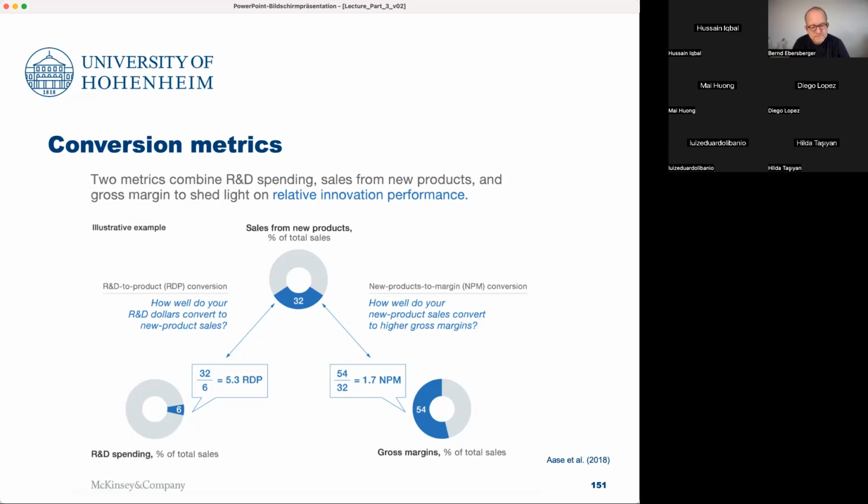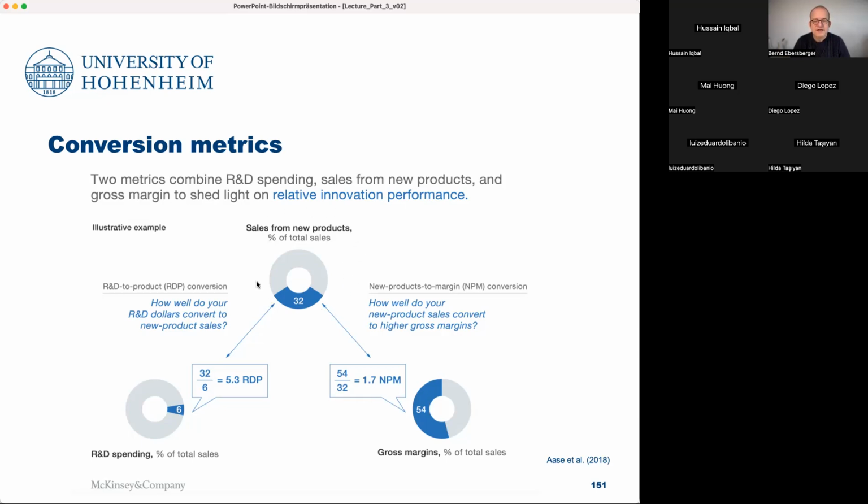So you need 3 metrics, and these 3 metrics are rather easily available, if you like. So one measure is down here. Where's my pointer? Down here is the R&D spending as percentage of total sales.